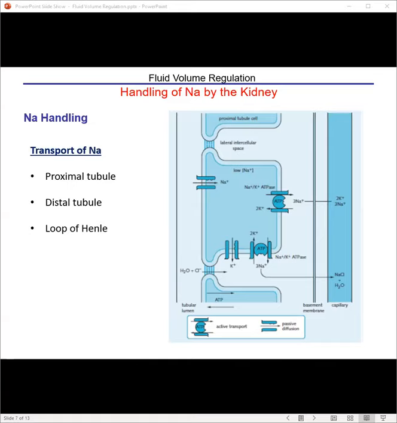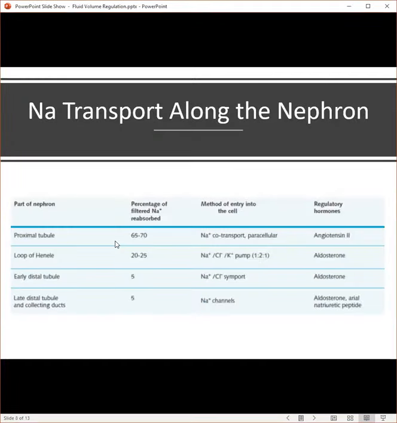Now, the complicated mechanism, let's take a look at this table showing you the different parts of the nephron. You have your proximal tubule, your loop of Henle, your early distal tubule, and your late distal tubule, and the amount of sodium that is filtered and then subsequently reabsorbed.